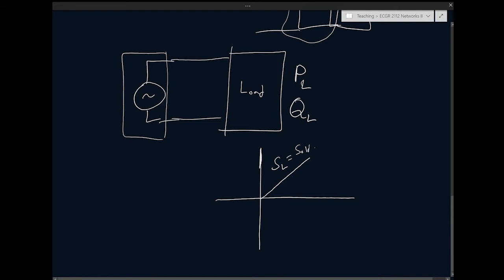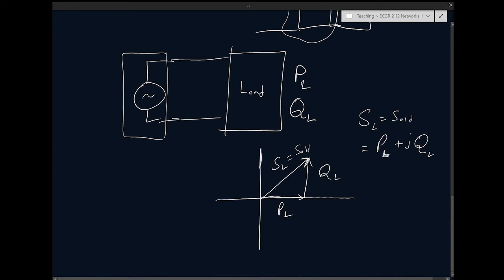This is the complex power before correction, before we try to correct the power factor. So SL or S old is just PL plus jQL, right? I can draw it like this. This is PL and this is QL, the reactive power consumed by the load, and then the real power consumed by the load, right?